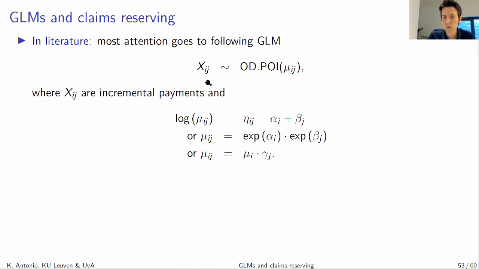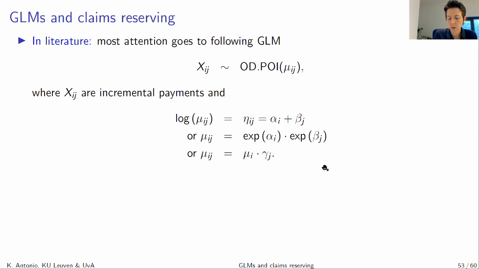Now, why do you think we would do that? Why would there be the necessity to go from the regular Poisson to the over-dispersed Poisson if the x_ij's are euro amounts? I'm referring more to why we step from the Poisson to the over-dispersed Poisson. And like Emmanuel said, indeed, the regular Poisson would force us to have the mean equal to the variance.